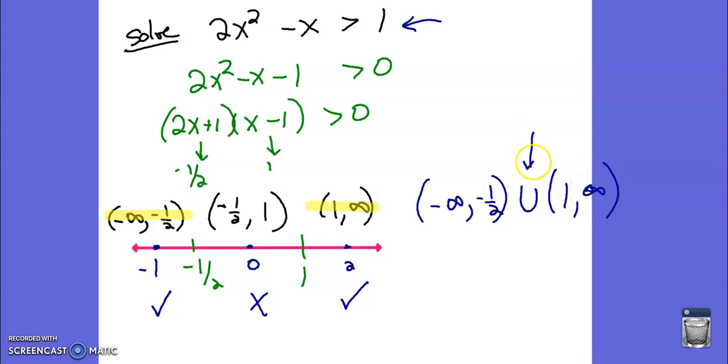Again, this is the union symbol, so it's literally combining this interval and that interval will work. And notice I do have parentheses. We could have noticed that at the very beginning. We're going to be using parentheses on our intervals. And that's 1.7, solving inequalities.